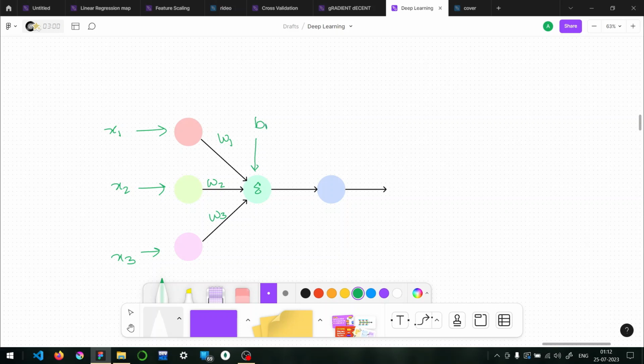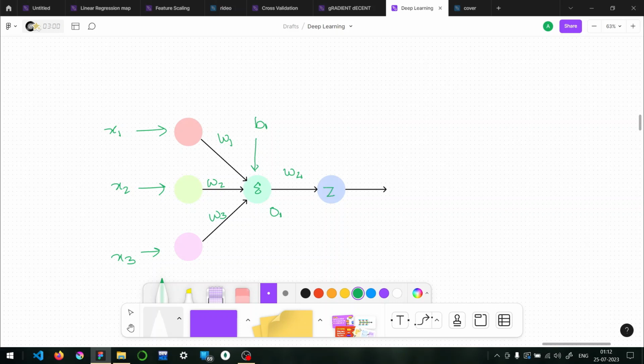Then after that, it will be giving a certain output from this summation function. Let's suppose it is O1. Then after that, the O1 is also associated with a weight, that is W4. Then it is passed to the sigmoid function, or you can say the activation function.